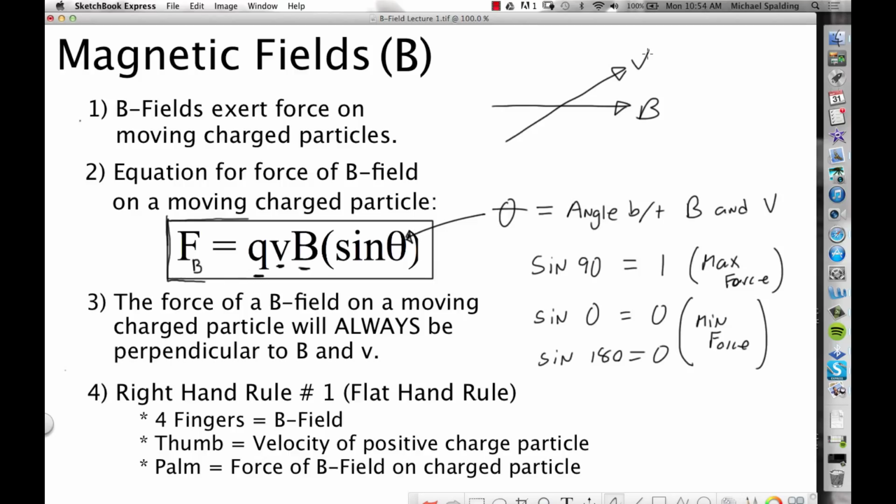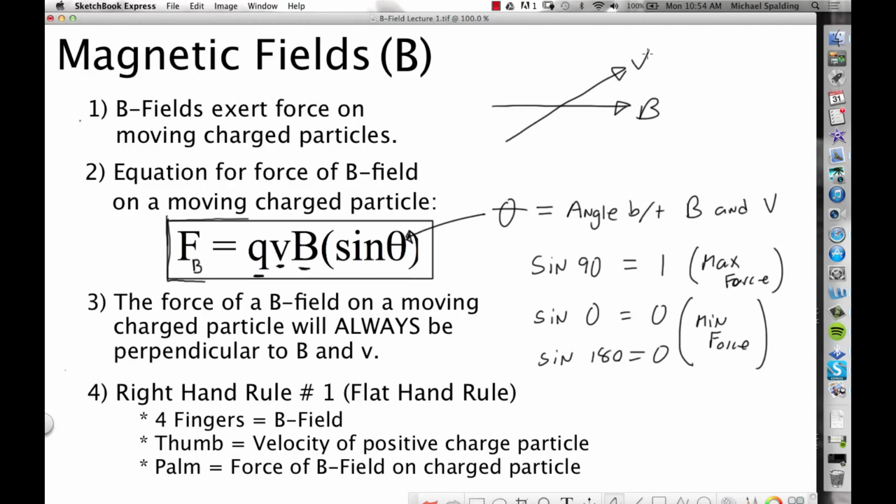Now, how do we figure out if it's going to be perpendicular this way or the other way? Because there's 2 possibilities here. It's either going to be perpendicular to this plane pointing that way or pointing the other way.